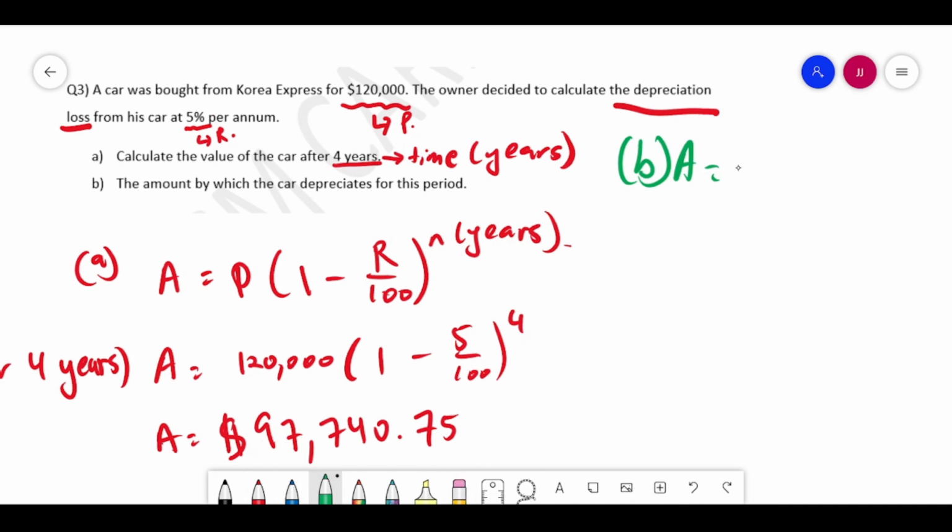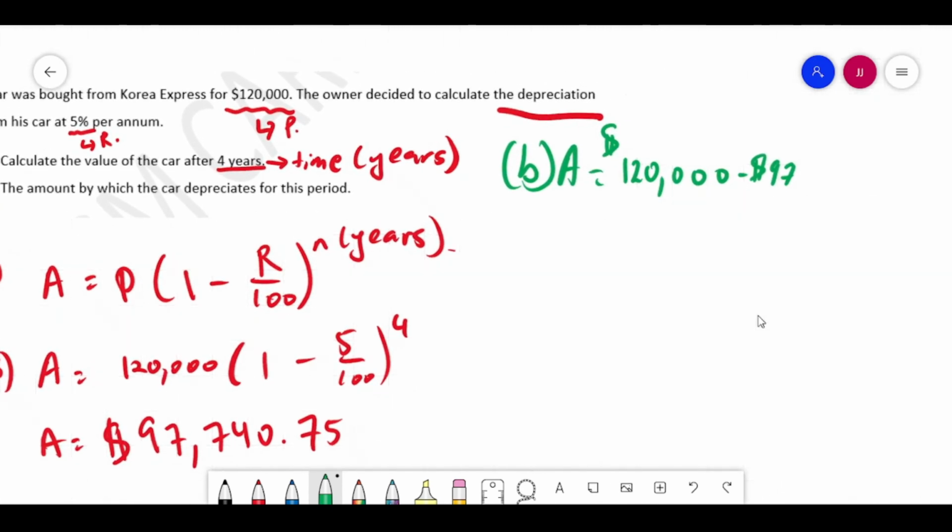So the amount will be equal to $120,000 minus the $97,740.75, and just simply putting that into the calculator will give us a difference of $22,259.25.